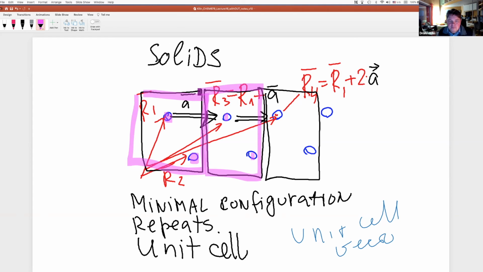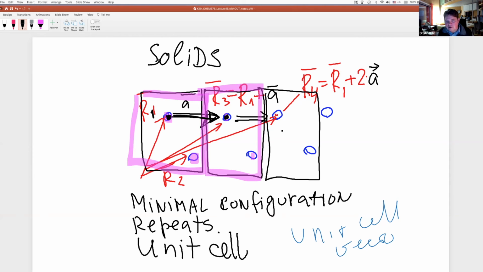One can find the position of the same atom, like atom number one, in the first cell and the second cell, and subtract the vectors between them. The distance between the same atom in different replicas is called the translation vector, right?